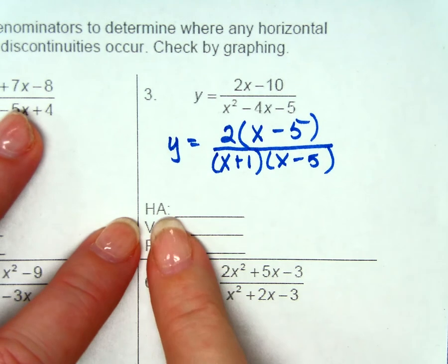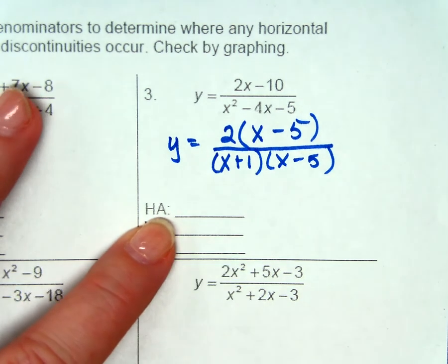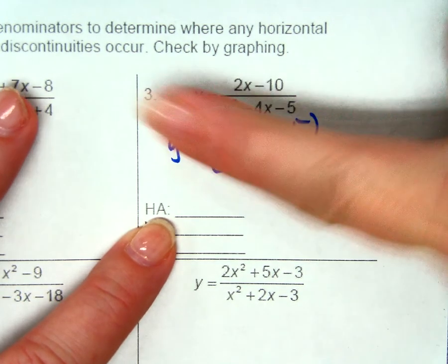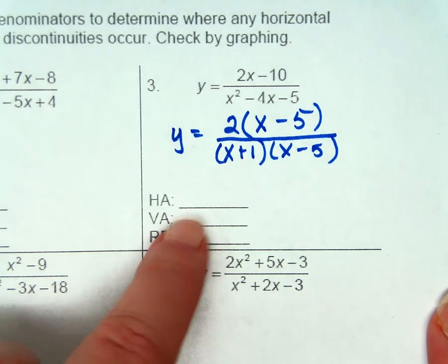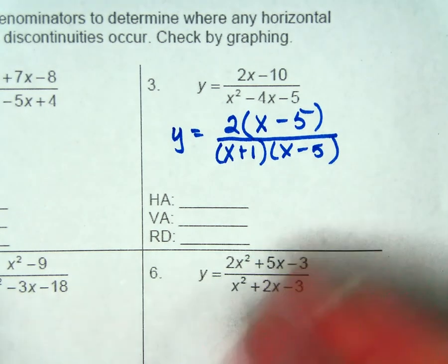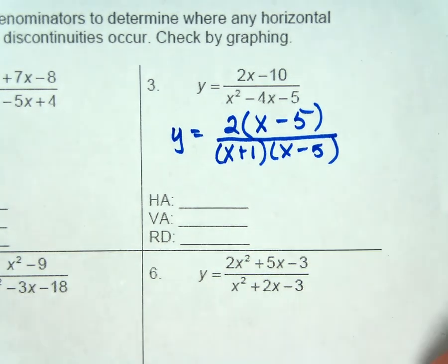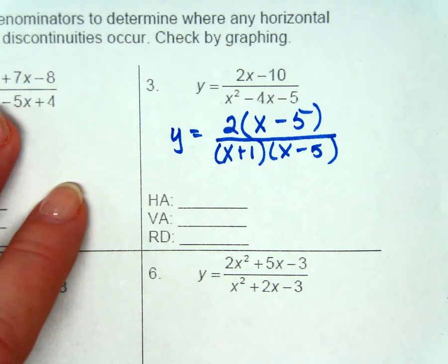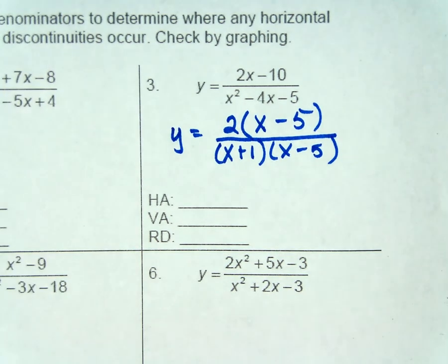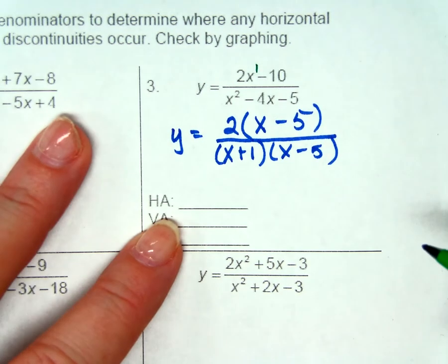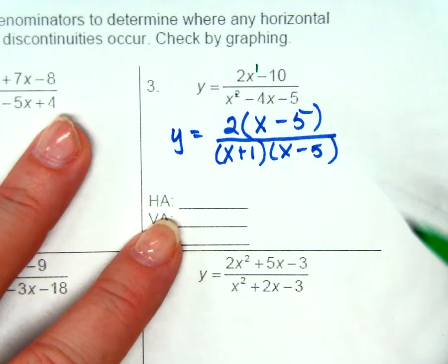Problem number 3. How do we find horizontal asymptotes? Did we even have to do this at all to find a horizontal asymptote? In fact, some people, when they do this homework, do the horizontal asymptotes first and get them out of the way, because it's basically looking, or remembering the rules. So what are we looking for? The degree. What's the degree of the numerator? 1, because that's right here. What's the degree of the denominator? 2, that's right here.